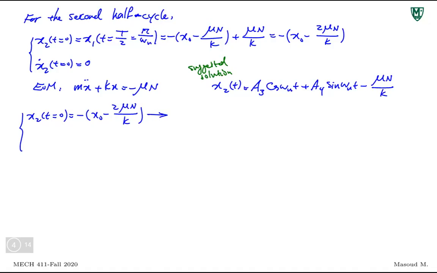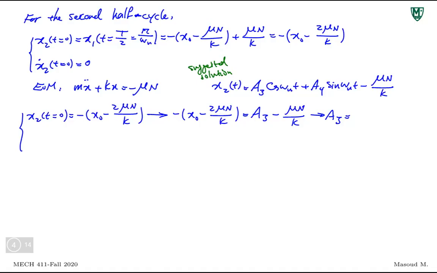Let's keep it the way it was. There is a reason I write it this way. Minus 2 mu n over k becomes, well, cosine 0 becomes A3, right? Minus mu n over k. Sine is 0, so we get rid of that. So I can find A3 here. Goes there.